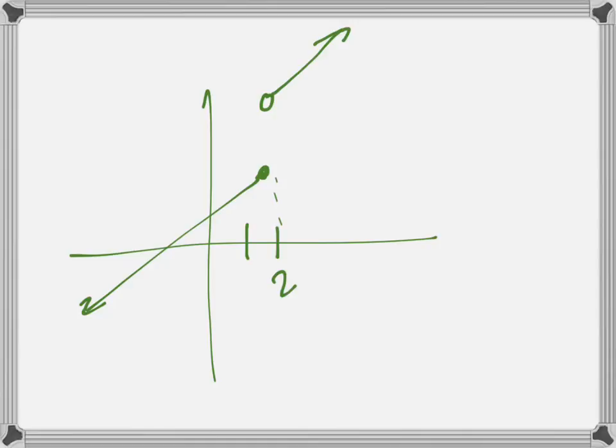Now the limit doesn't exist, because coming from the left, as you get closer and closer to that x value, you'd expect it to be 2, but if you're coming from the right, you would expect the value to be whatever that is. Let's say 4.